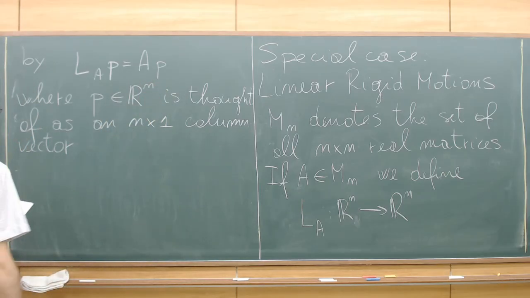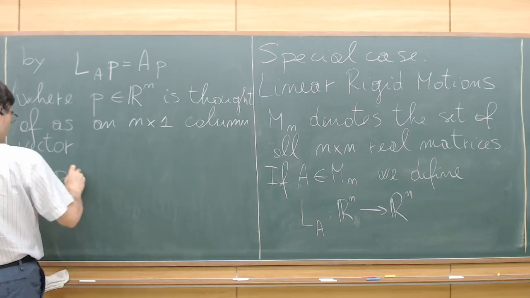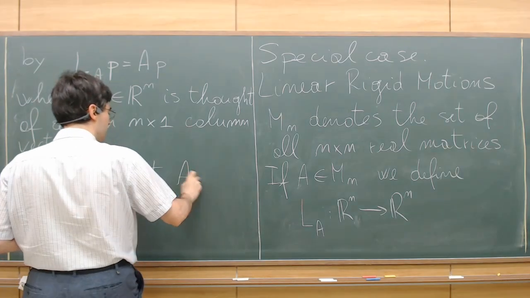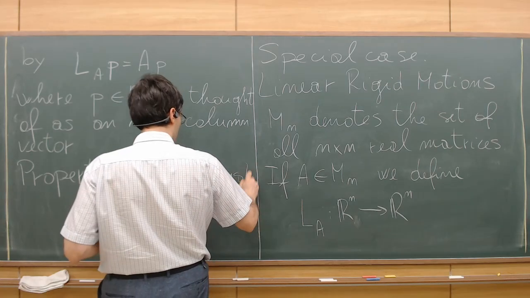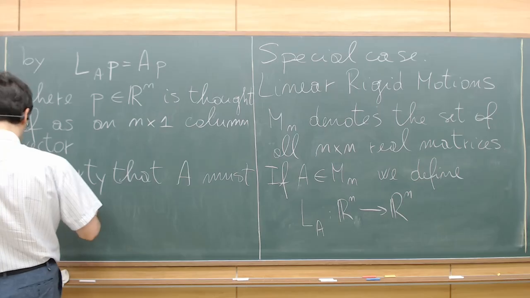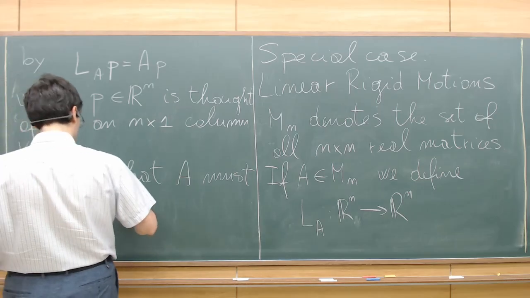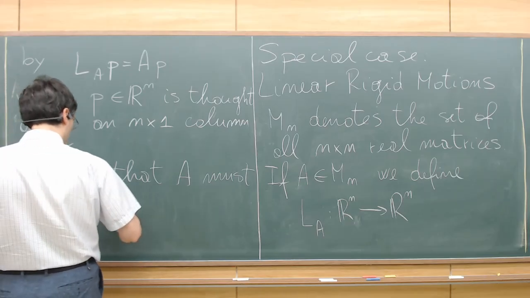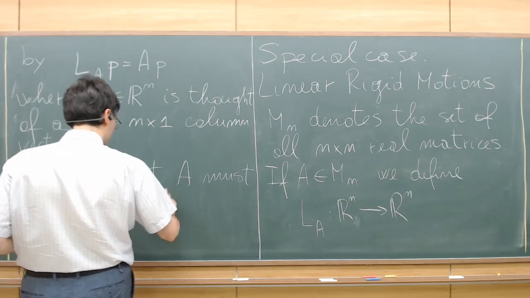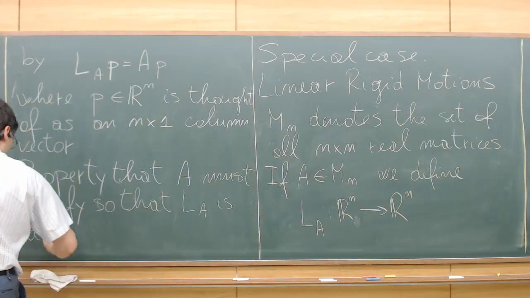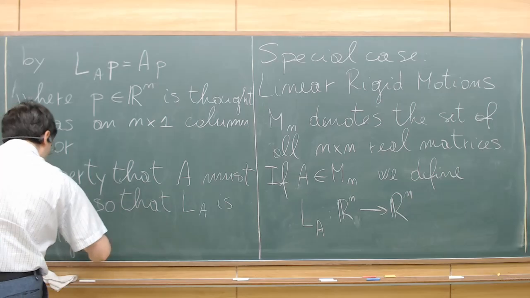Okay, what is now the property that A must satisfy so that LA is a rigid motion?